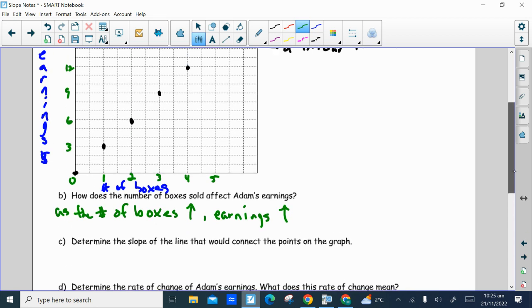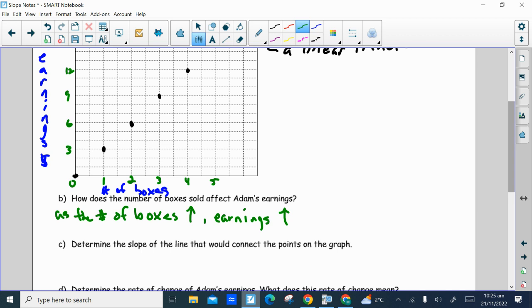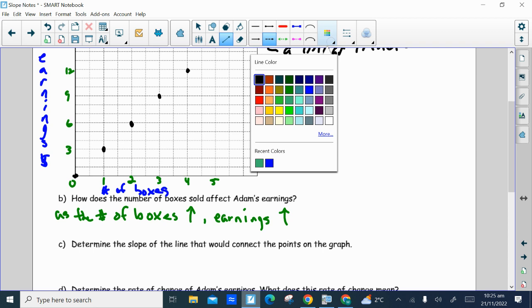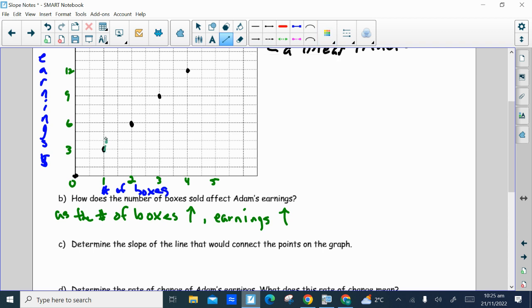Determine the slope of the line that will connect the points on the graph. Again, we can do this using the formula or using the graph and doing the rise over the run. So if we go from month 1, let's say up to month 4, we can use any combination of points here. You could go from 0 to 1, 1 to 2, 3 to 5, or in this case, I went from 1 to 4.